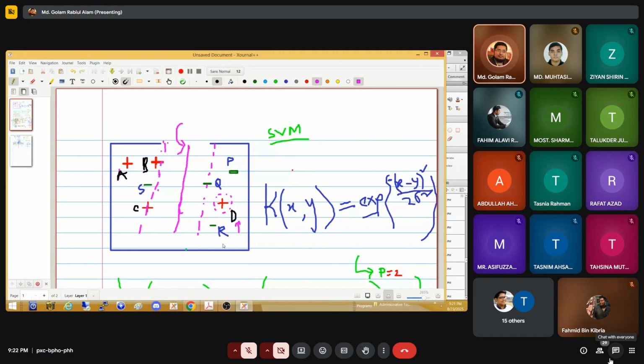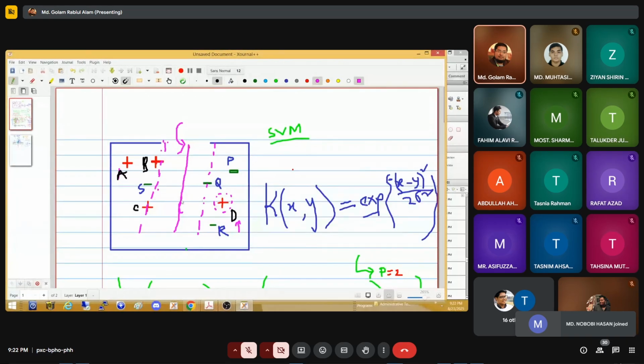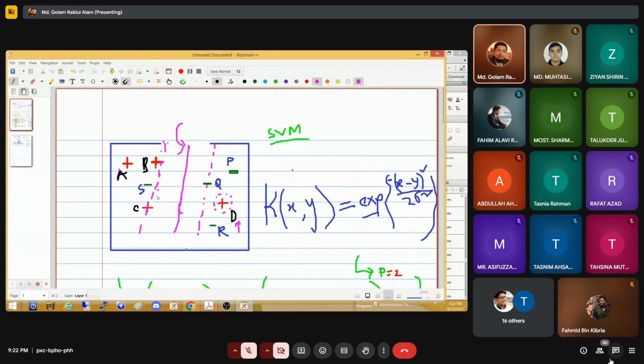Now for the misclassification, we will add the penalty, or we will add the slack for that. So what will be the slack? It will be the length from our positive gutter to D, that is the positive misclassification.